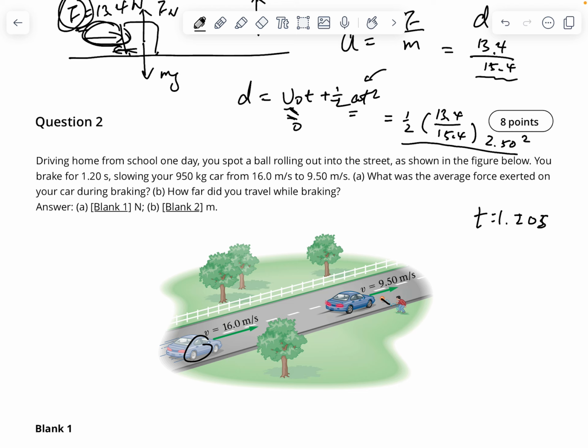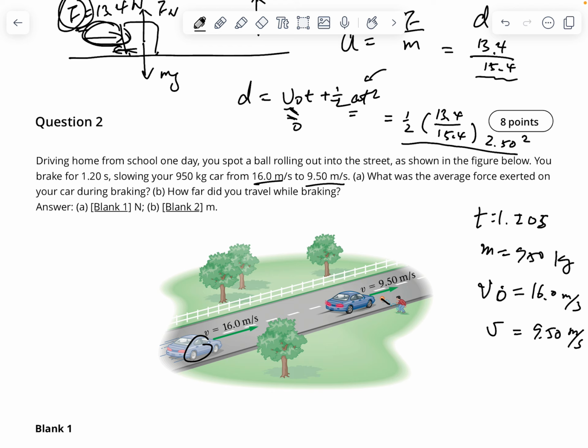Slowing your 950 kg car from 16 meters per second to this. Okay, so here initial velocity, let's make it v naught. V naught is 16.0 meters per second. Final velocity 9 meters per second.